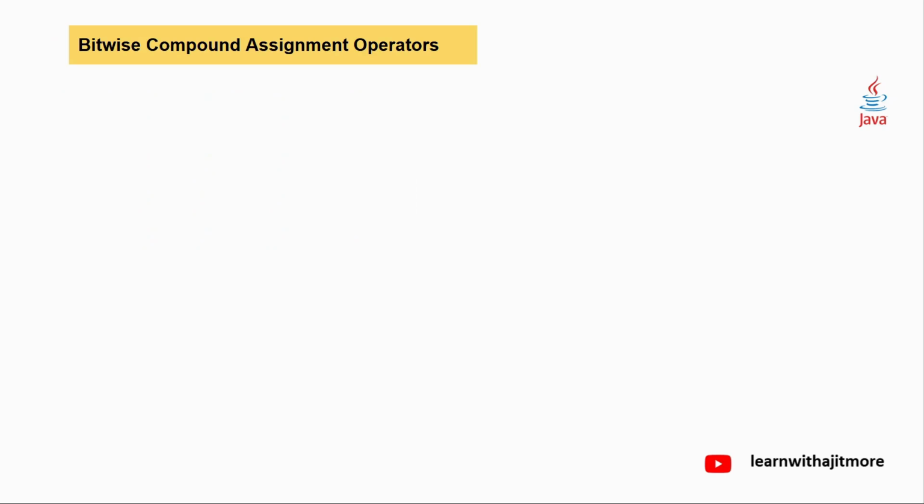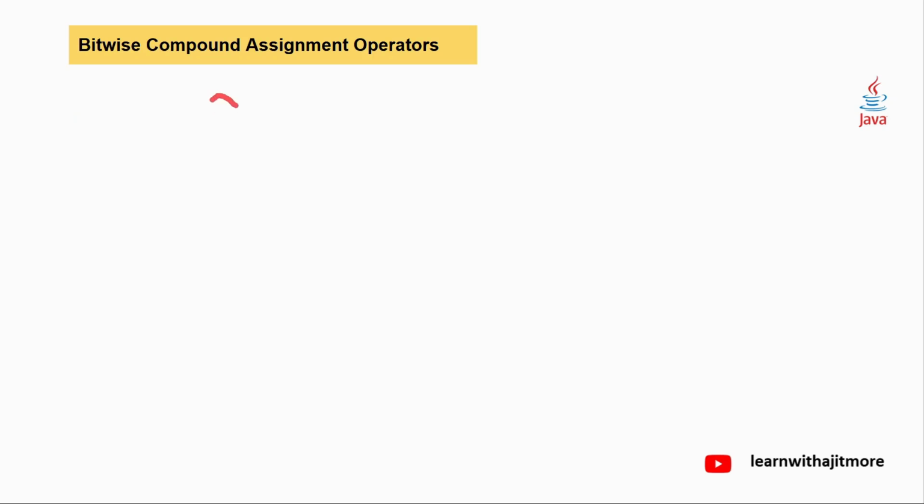These operators which we have just now discussed, AND, OR and XOR, can be used as compound assignment also, meaning they do bitwise ANDing as well as assignment, bitwise ORing as well as assignment. Understanding?